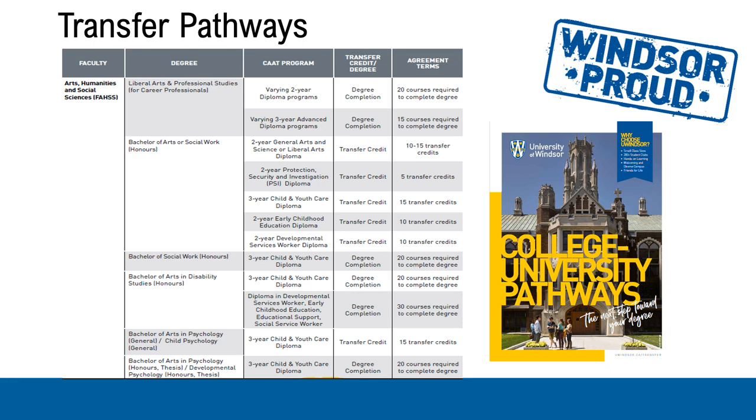On this slide and the next slide, you'll see a number of pathways that are most popular to the University of Windsor. This slide shows pathways for the Faculty of Arts, Humanities, and Social Sciences. In the pamphlet that is highlighted, there's a number of other pathways that are not listed on here. And of course, on our University of Windsor website, you'll find these pathways better defined as well.